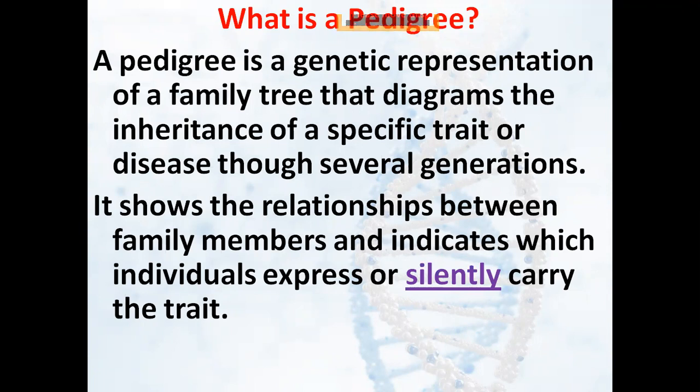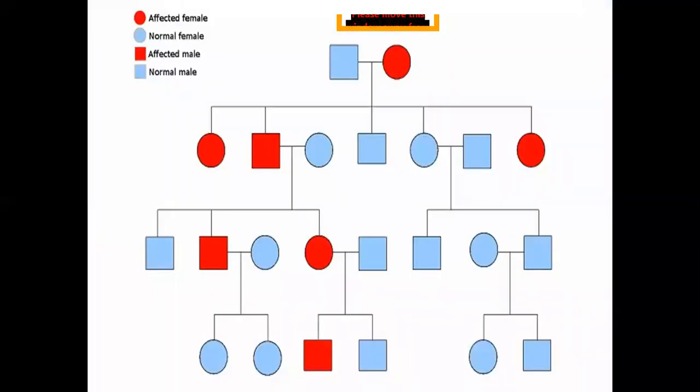It shows the relationship between the members of the family and whether they have the disease or the trait, or they silently carry it. The meaning of silently carry is that they have it but it was recessive. This is the family tree. Always and always and always, the square or the box is for the male and the circle is for the female. Here, these are the generations.